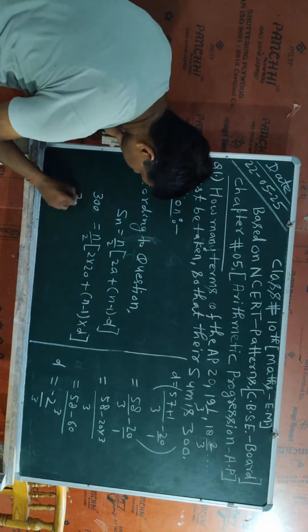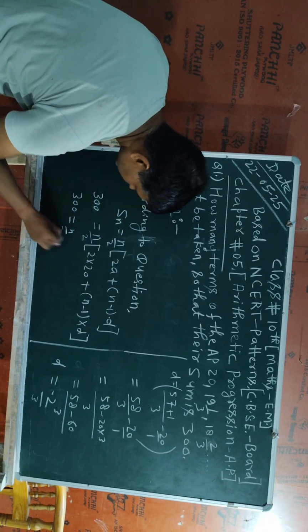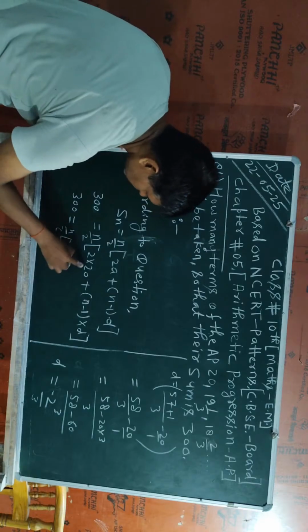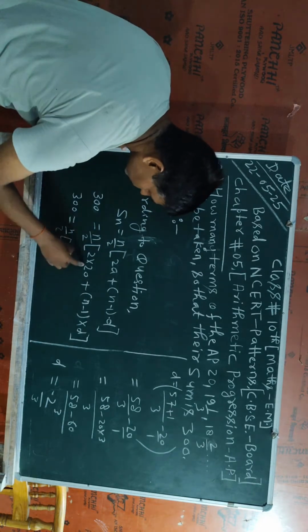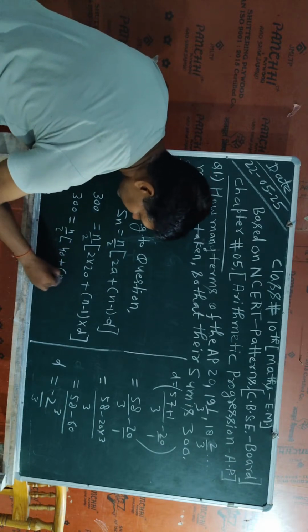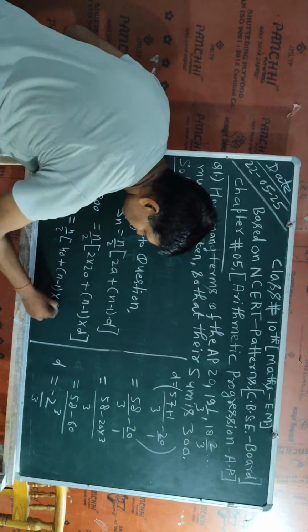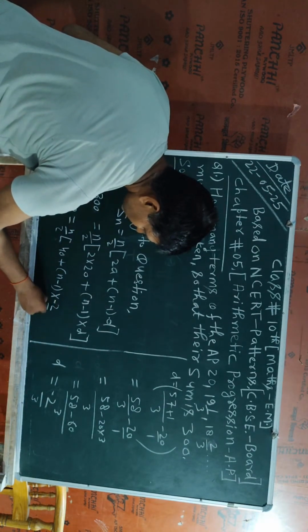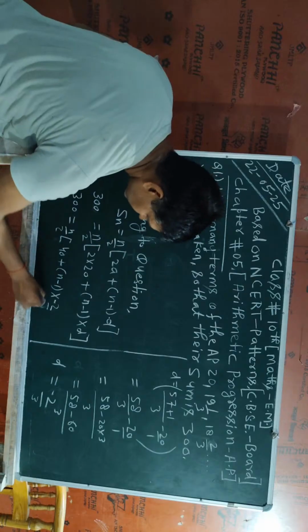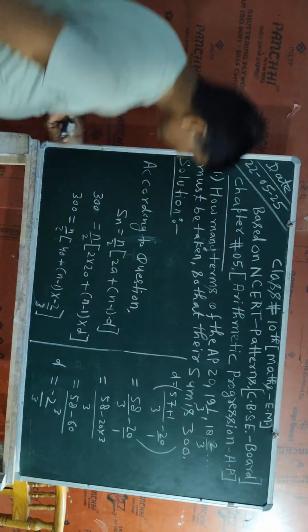So here I have to put 300, which is equal to n divided by 2. Now in the bracket here I will say 2 times 20, that will be 40, plus here I have to write n minus 1, and in the place of d I have to write minus 2 divided by 3. Okay, students, so this is the information and we have to follow it positively.